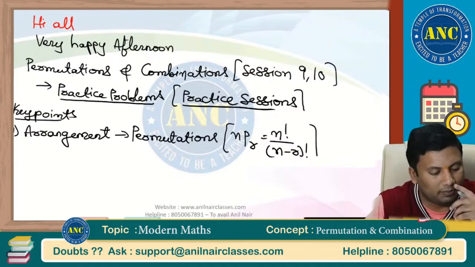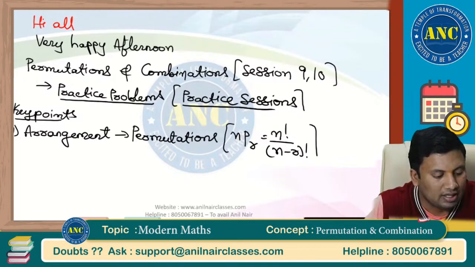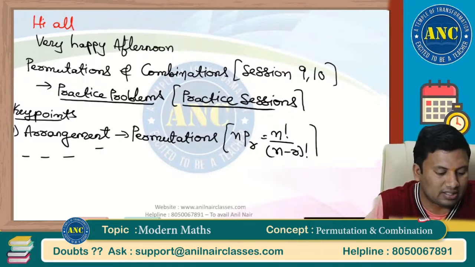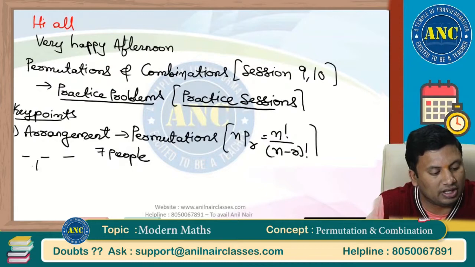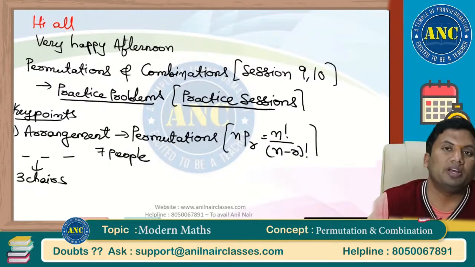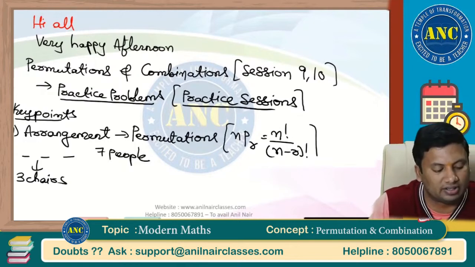Suppose there are 7 people and there are 3 chairs. In how many ways can 7 people sit in 3 chairs?